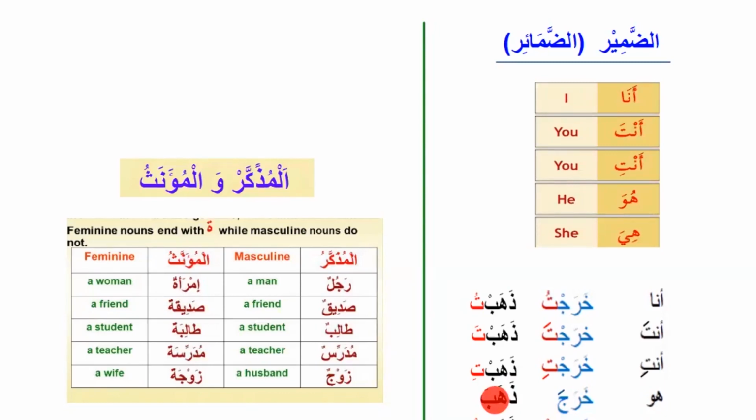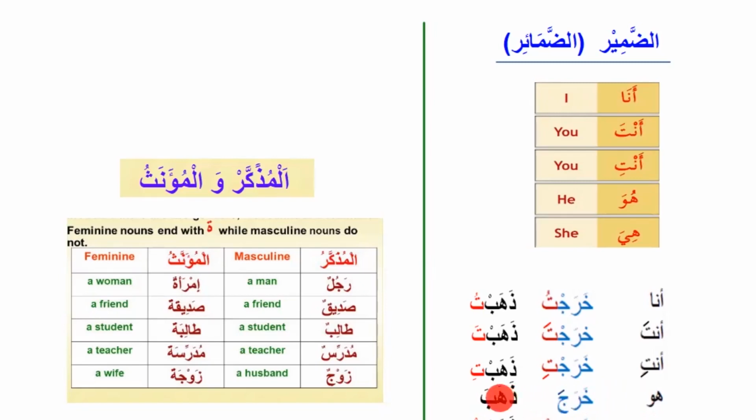Qama, he stood. When you are just mentioning verbs, it comes with he. So as I said, the default form is the third person pronoun. The guy is the absent one. I hope that is clear.